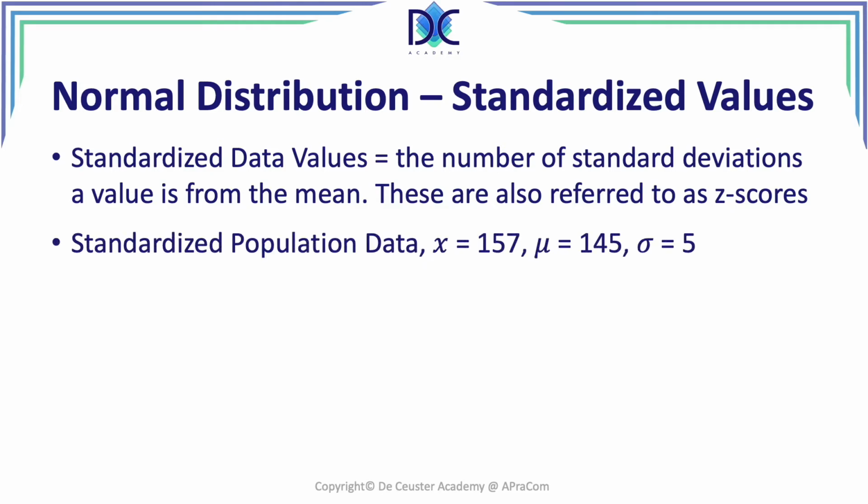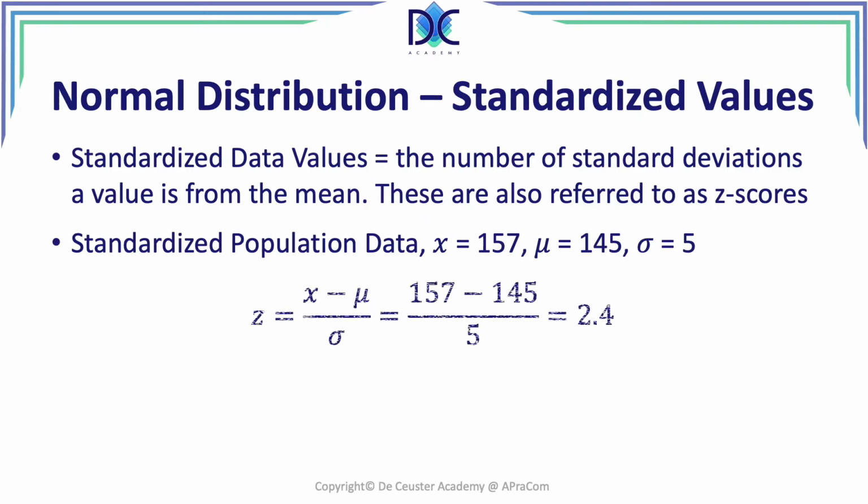When we look at the standardized population data, let's say we have a value of x that I want to evaluate. We have an average of mu, which is 145, and a standard deviation of 5. When we bring the numbers to 0, we replace x by the number of standard deviations it's to the left or to the right of the average.